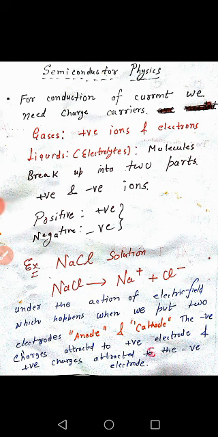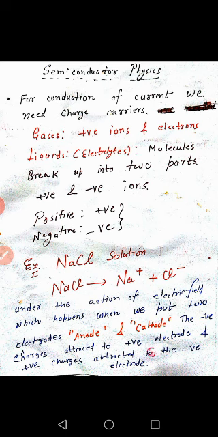Okay, let's start. First, we will start with the conduction of current. In the first lecture, when we were defining the various terms, we defined electronics like this: electronics deals with the conduction of electrons in semiconductors.